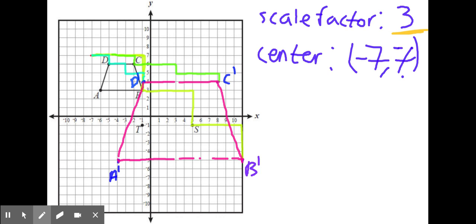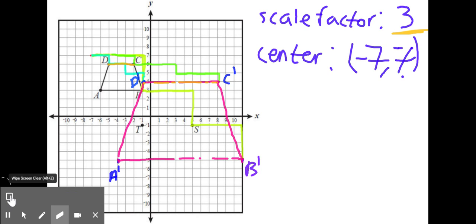So for instance, I can double check that with DC was originally 3. Let me see. D prime, C prime. Oh, that's 9. Okay, so that's an indication that I likely did this whole thing correct. If you want to continue, you can check all 4 sides, and then you would be certain that you did everything correctly. So that was our first dilation.